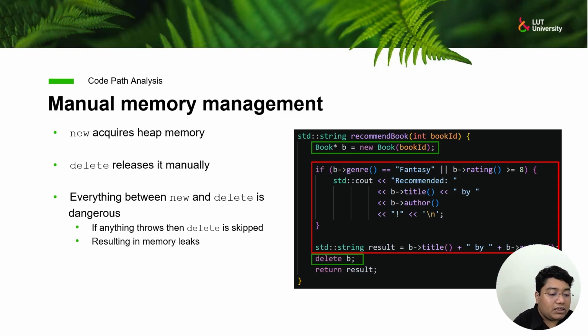If that happens, delete never runs. This is why many C++ programmers become nervous whenever they see a raw new. The problem isn't the keyword itself. The problem is the responsibility it creates. Once you acquire a resource manually, you are also responsible for releasing it correctly along every possible execution path.